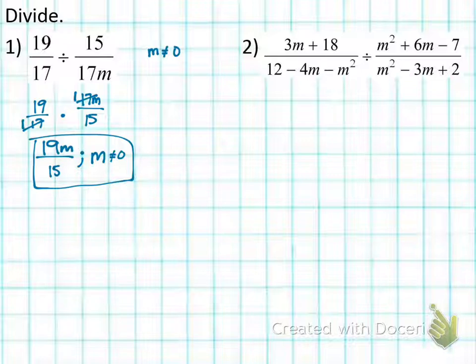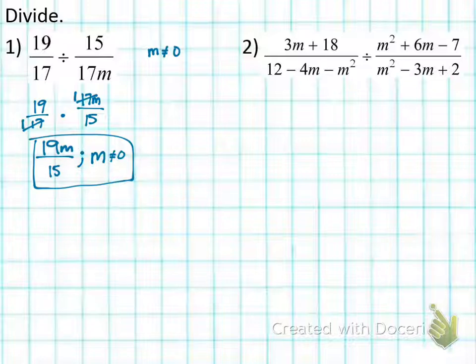Then we check for excluded values again. There weren't any, so now we cancel anything else. The 17s cancel out, and there's nothing that goes into 19 and 15. Multiply across: 19 times 1m is 19m, 1 times 15 is 15. Can't simplify anymore. Checking for excluded values one last time, there aren't any more. So we write our final answer, and m cannot equal 0. That's number 1. Super easy.